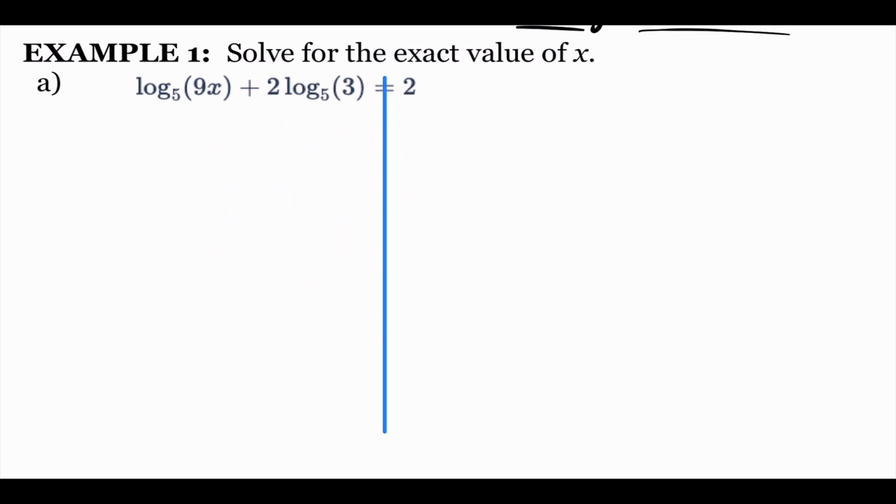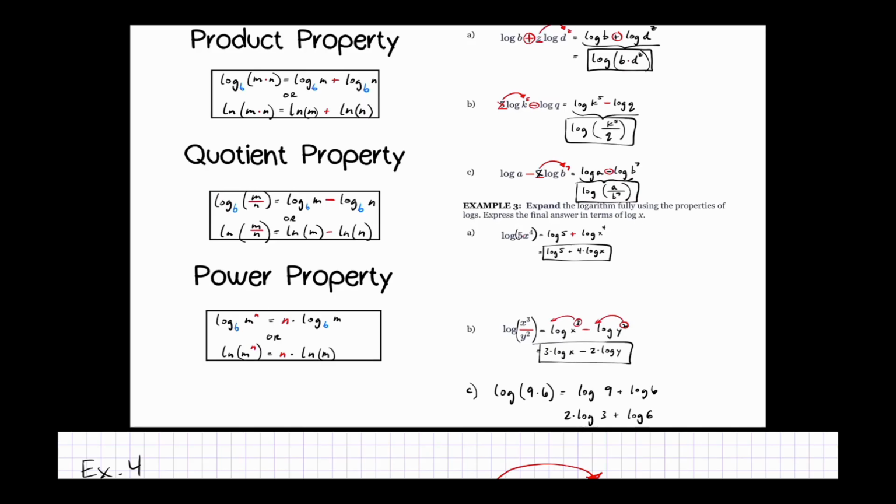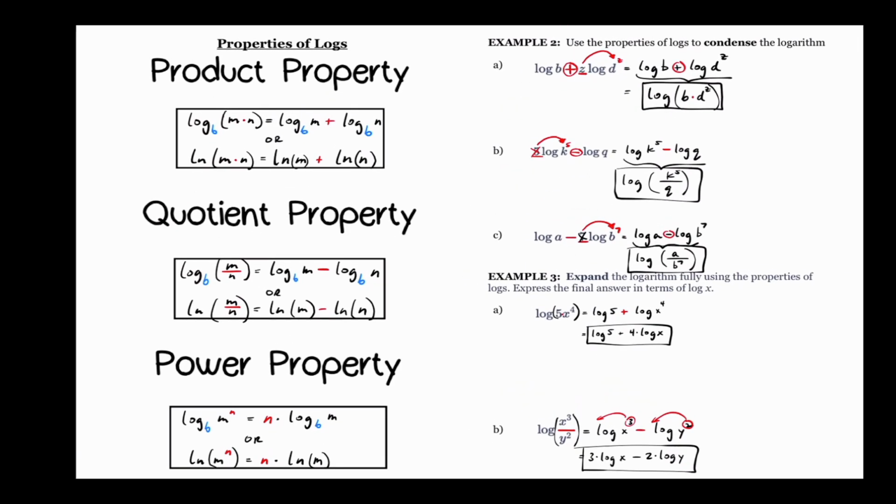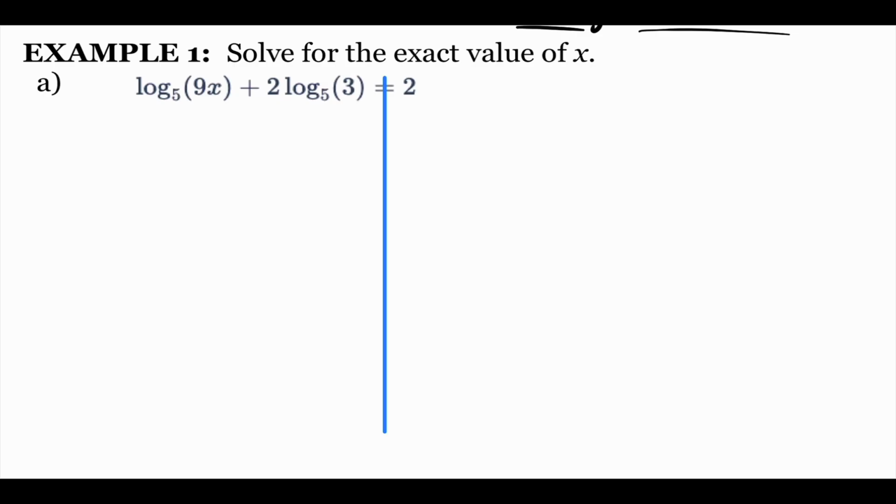So we have a log base of 5 and a log base of 5. We can combine or condense those using the properties we used last week. We have to decide which property or properties to use. We can use one property, two properties, or all three if you need.